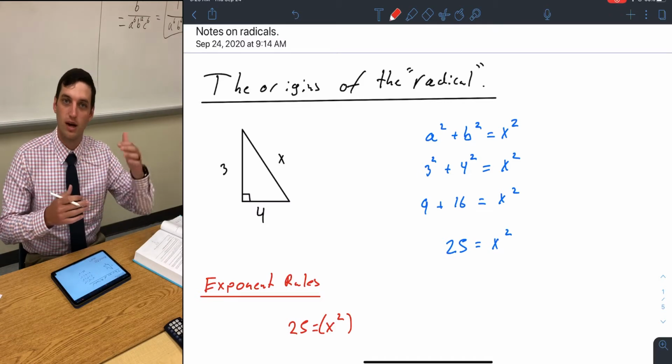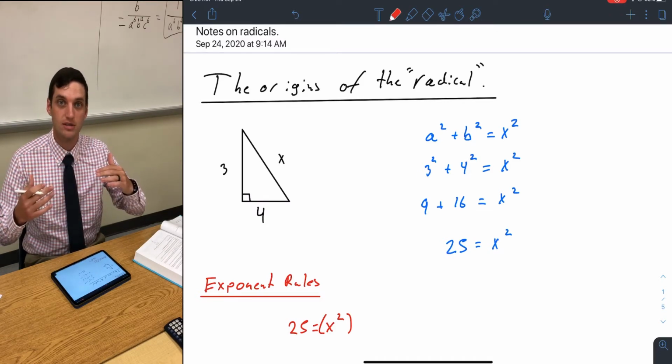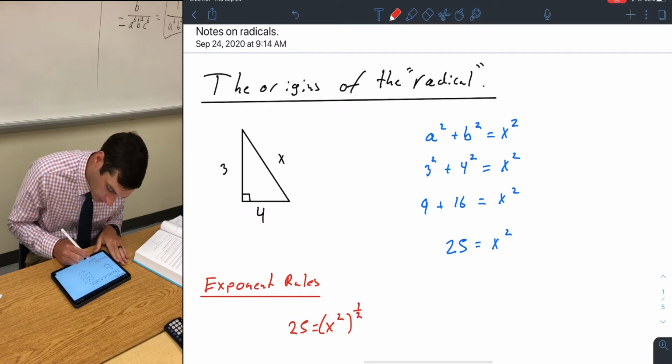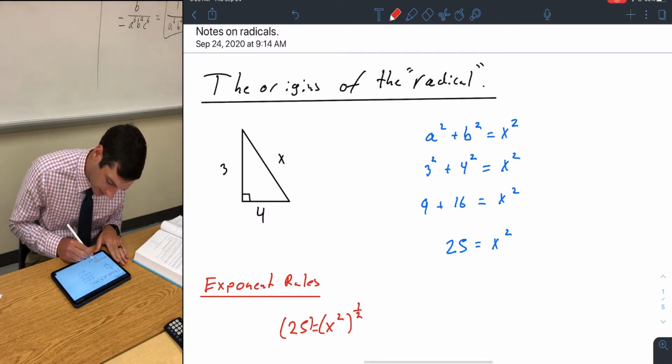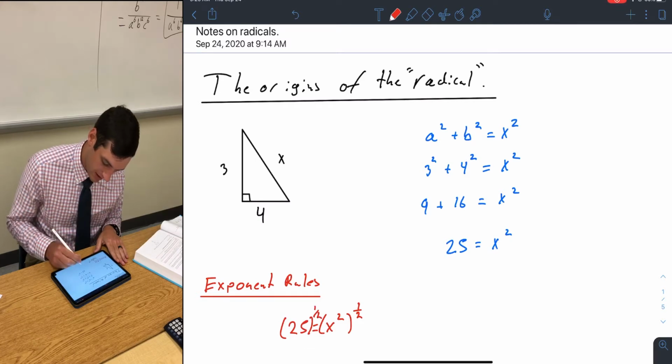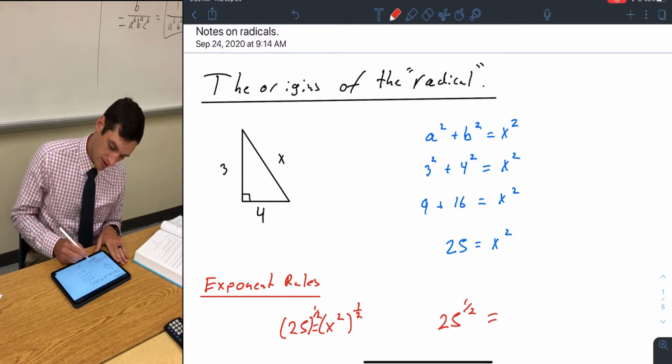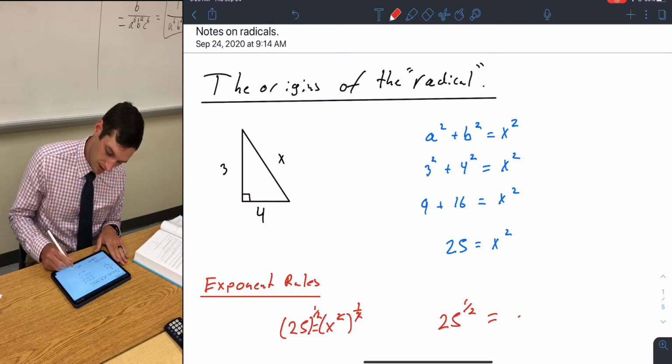So how would I do that? Well, 2 divided by 2 is 1, or 2 times 1/2. Same for here, 25 to the 1/2 power. So now we have 25 to the 1/2 power is equal to, well, the 2 in both of these cancel, and we're left with x.